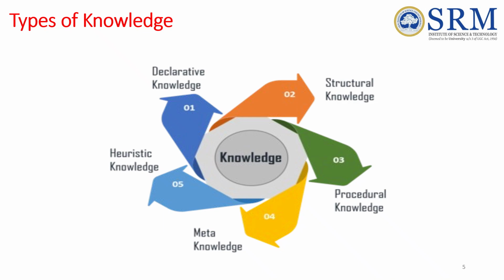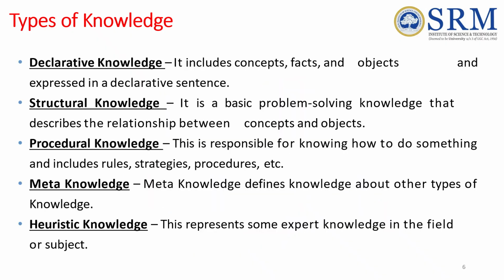So we can take it as a heuristic rule in a chess game. Control the center of the board is a heuristic rule. The advantages of heuristic search are that it reduces the search time and helps to solve complex problems very easily. These are about the types of knowledge.